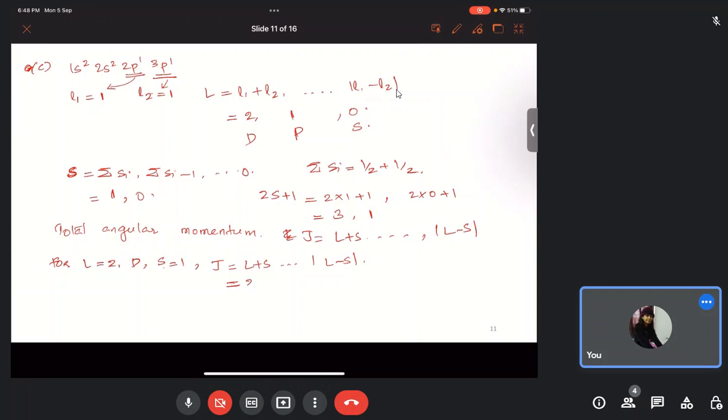L plus S is 2 plus 1, till L minus S is 2 minus 1, so it can have values from 3 to 1.